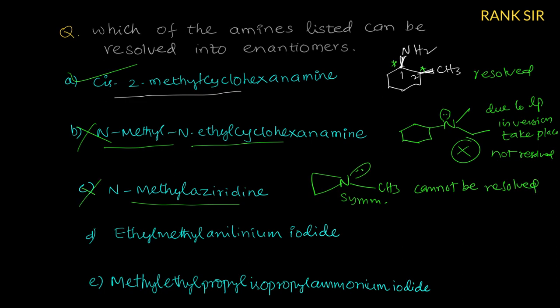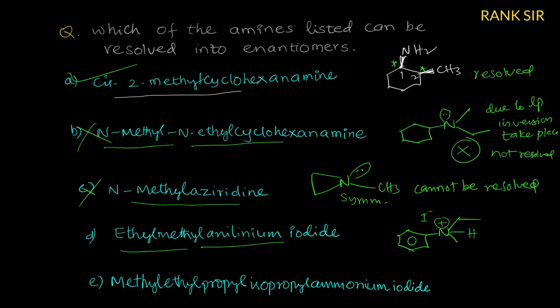Next, going to D, ethyl methyl anilinium iodide. Now anilinium, what is that? On benzene, NH2 means aniline, but here they have given ethyl and methyl, this is an ethyl, this is a methyl, and that much only is given, meaning another must be hydrogen, and this will be plus, and iodide means this is I minus.